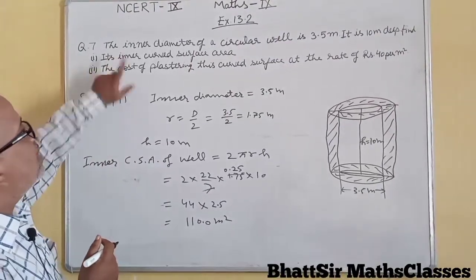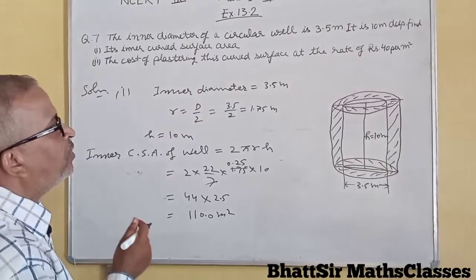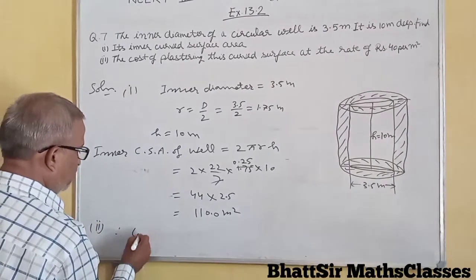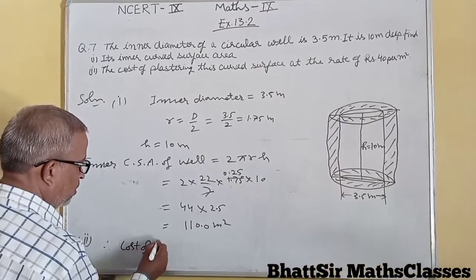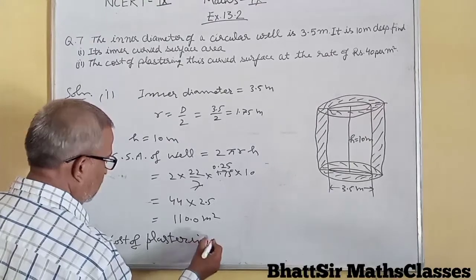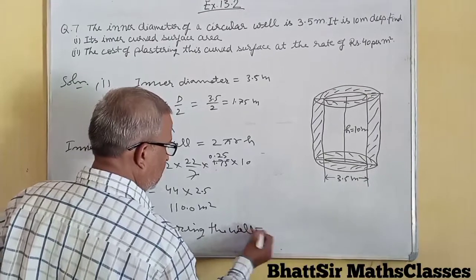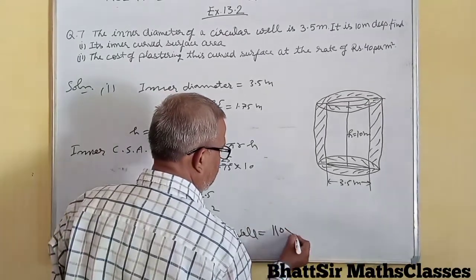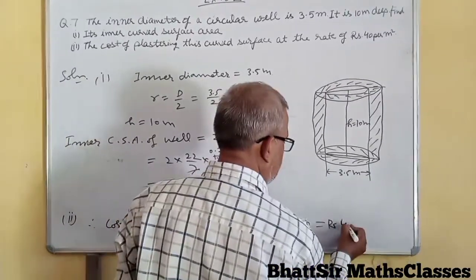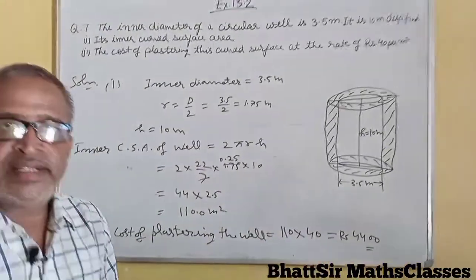That is the first answer. Second answer, the cost of plastering the curved surface area at the rate of 40 rupees per meter square. Therefore, cost of plastering the well equal to 110 into 40 equal to rupees 4400 rupees. So that is the answer.